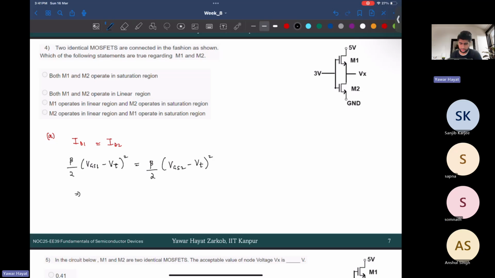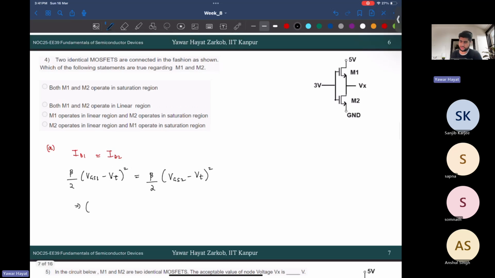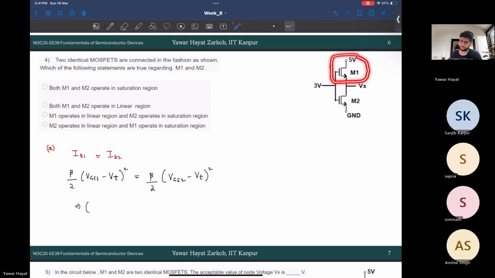What is VGS1 here? What is VG for M1? Yes, 3 volts.